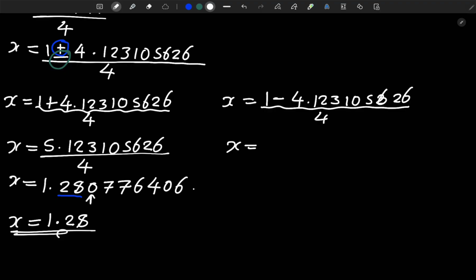So the other equation is 1 minus 4.123105626. So I'm getting negative 3.123105626 over 4.